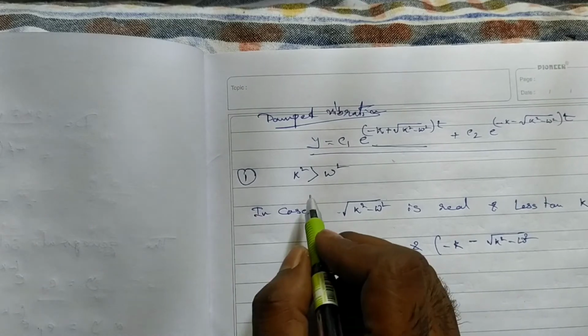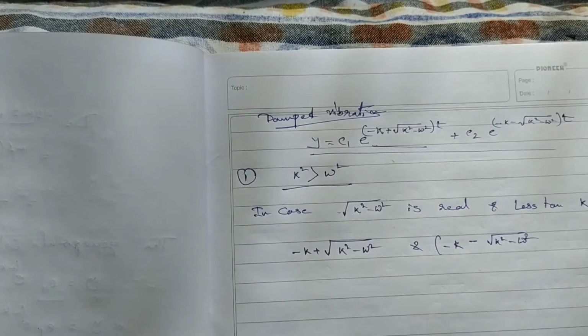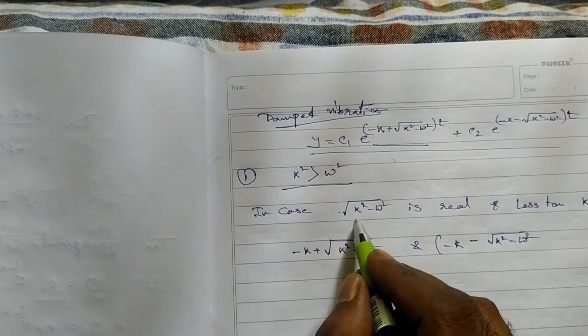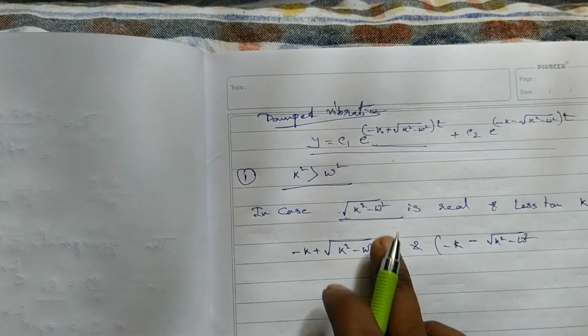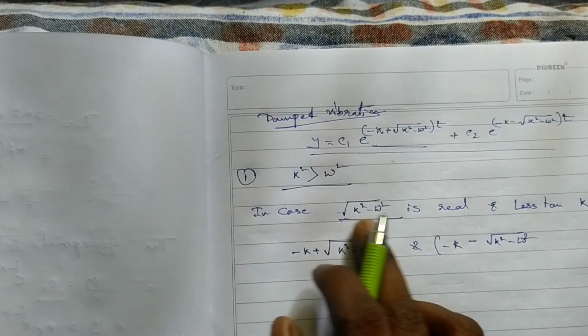So in case 1, if k square is greater than omega square, then root under k square minus omega square is real, because this whole term cannot be negative.